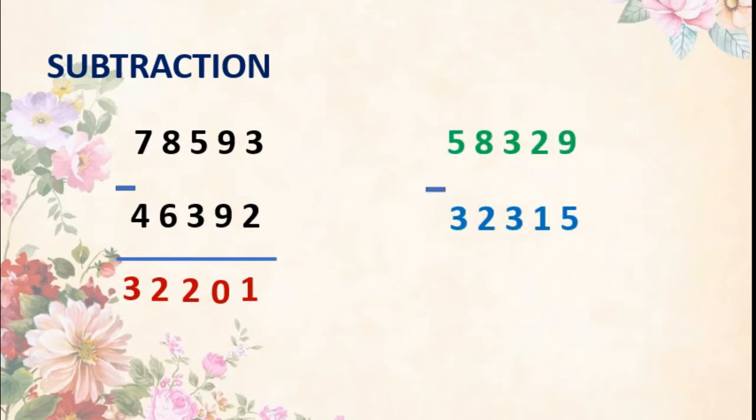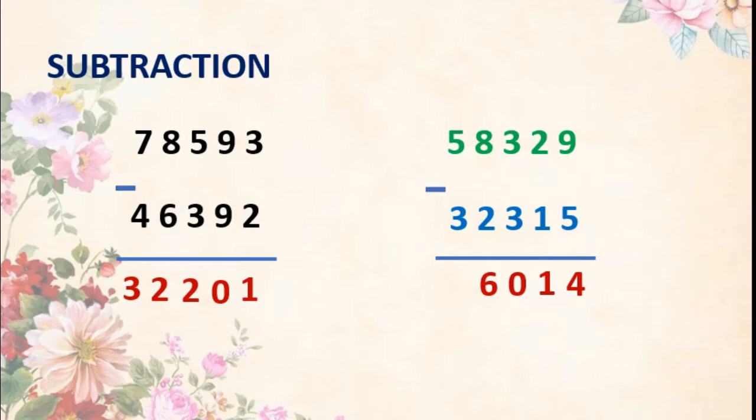This is your sum. Okay, we will begin. 9 minus 5 is equal to 4. 2 minus 1 is equal to 1. 3 minus 3 is equal to 0. 8 minus 2 is equal to how much? 6, correct?